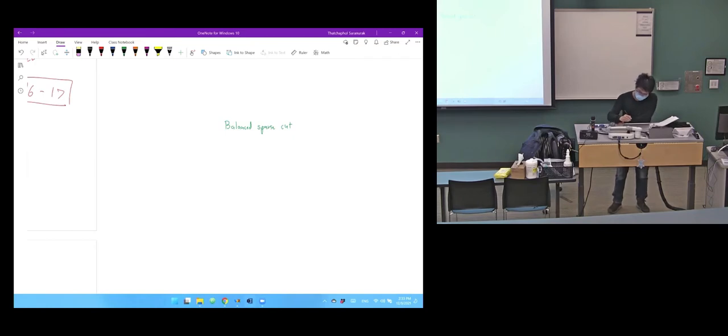Given this, you can use it to get an expander decomposition.